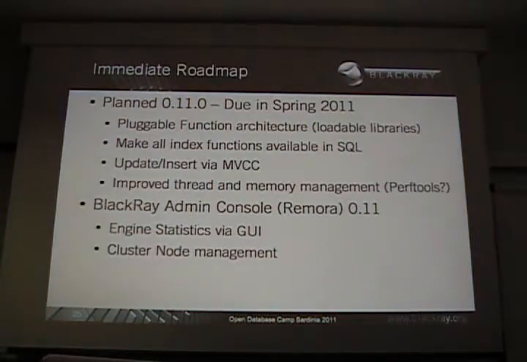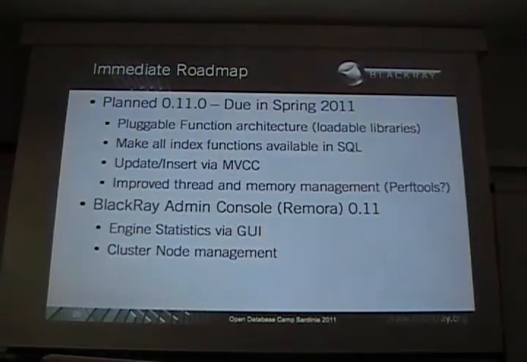So for the 0.11 release, we plan the variable function architecture. That's completely implemented. We want to make all the index functions available in SQL. That also means nested functions. Update insert via MVCC. That's pretty much done. And we've improved thread and memory management.